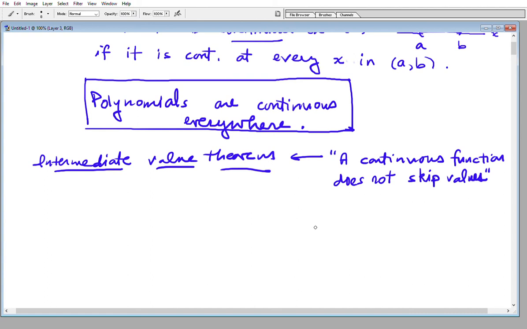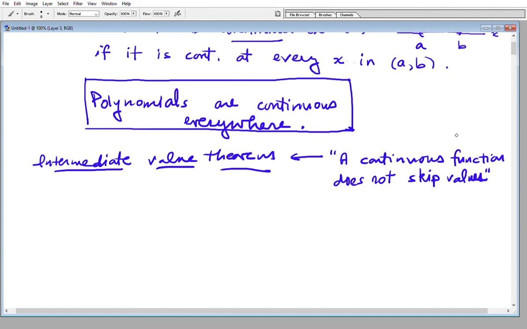So if they go from 50 inches to 60 inches, they go through every height in between, including 57.8296, whatever. They go through every single height in between because growing is a continuous process. Do you agree? You don't all of a sudden jump an inch and then jump another inch. You have to go through everything in between. So that's what I mean by a continuous function doesn't skip values.